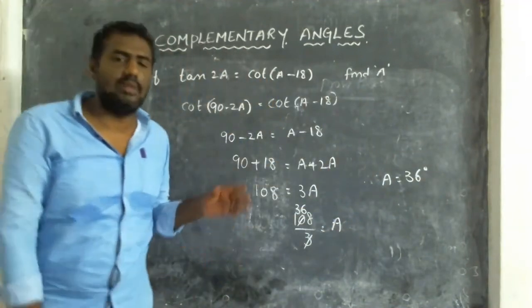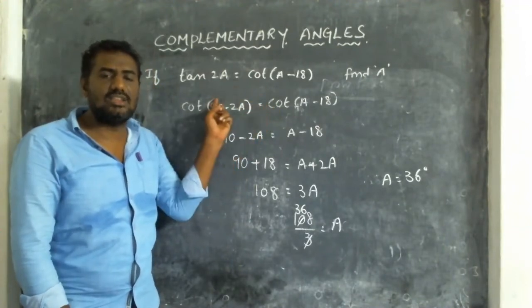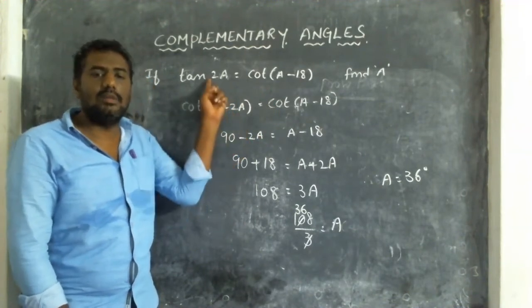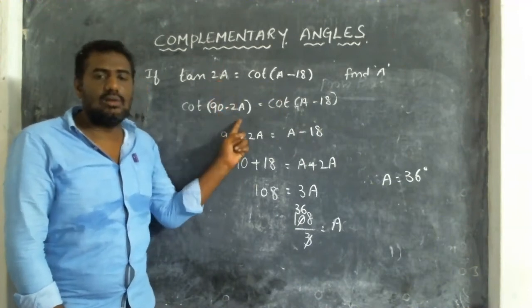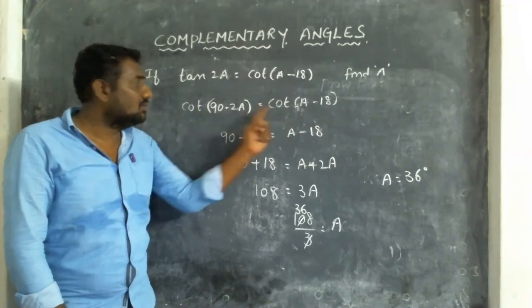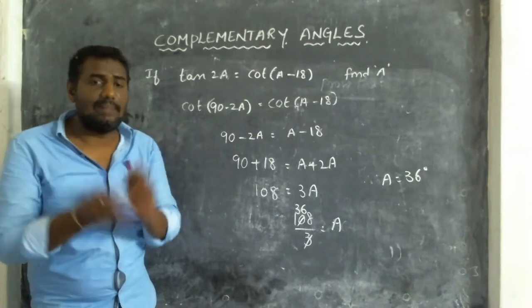Very simple problem. So two trigonometry is there. Left side, right side. I change the left side. 2a I have written as a 90 minus 2a. Complement of 2a is 90 minus 2a. First I change the angle. Automatically we change the trigonometry. Tan is written as a cot. Now both the side cot is there. When both the side cot is there, should not cancel. Just you have to compare the angle.